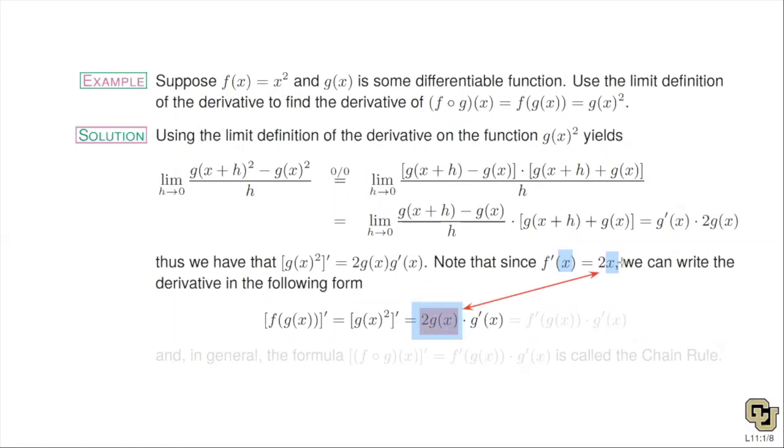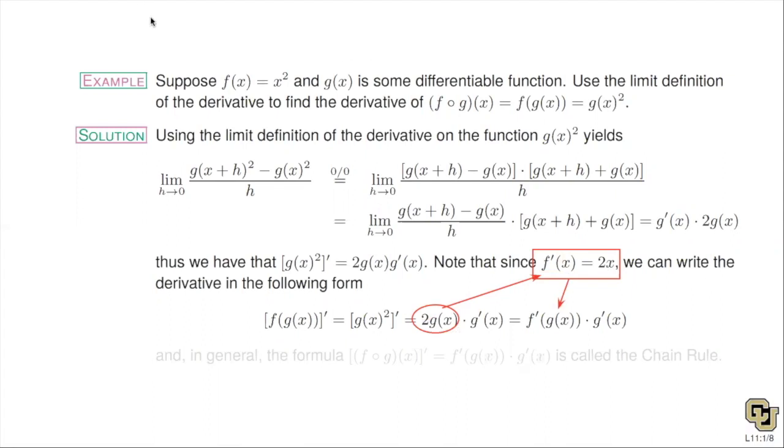So 2g of x, I can actually write as f prime of g of x. If you look at the derivative, we notice that if I just replace that x with g of x, that's exactly 2g of x.